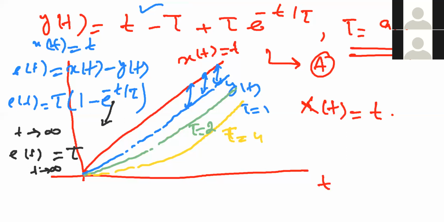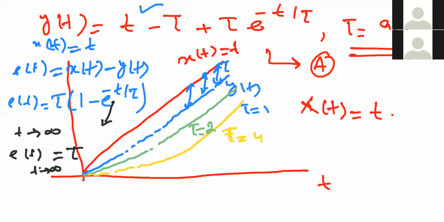This will be equal to tau when t is infinity, for a very long time duration. So this gives you the error signal, which is equal to the time constant of the system.